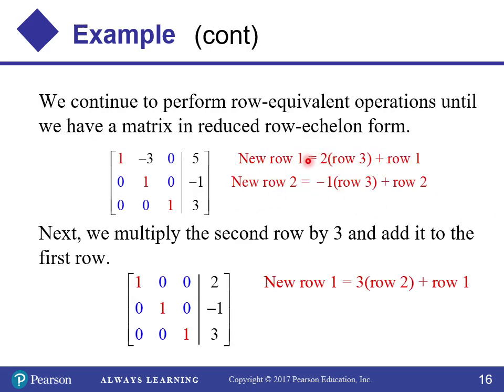Okay, so notice they started with those zeros. They're taking row 3, multiplying it by a 2, and then adding it to row 1 in order to get a 0 there. Let me write up what we had before just a second ago.